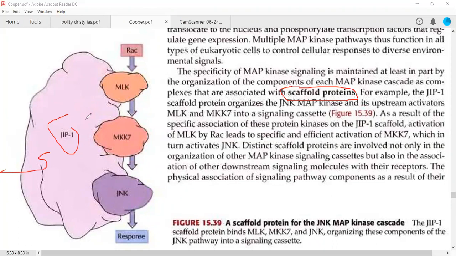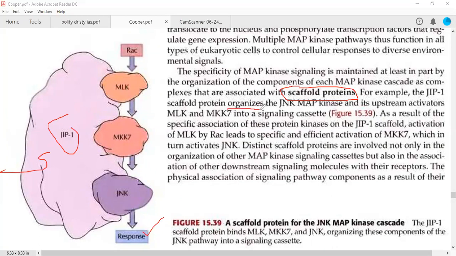So this kind of response is a localized response, so that a battery of proteins can be activated to do a final response event, some inflammatory response or some cell death, for example. Therefore it is called scaffold protein. So this JIP1 is a scaffold protein.